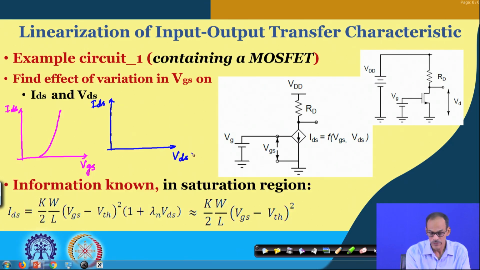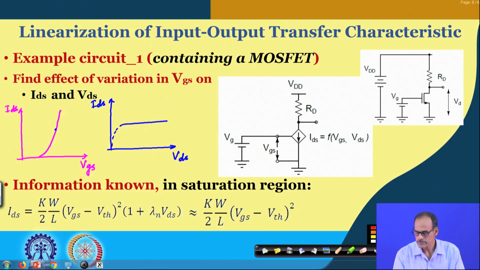So, for a given value of Vgs, the current hardly depends on the Vds. So, we may say that the device characteristic, namely Ids versus Vds, is constant here in the saturation.